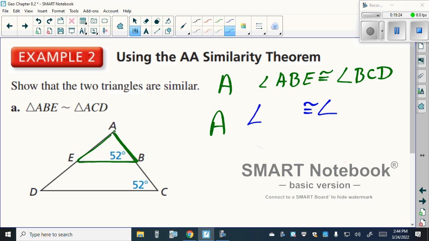A, C, D. Yes? What angle is contained in both? Angle A, yes? It's shared. We can say it's congruent to itself. It's shared in both triangles.